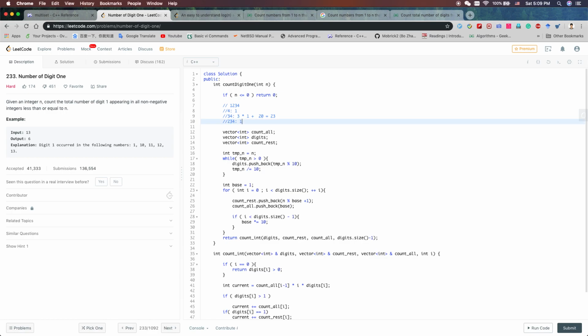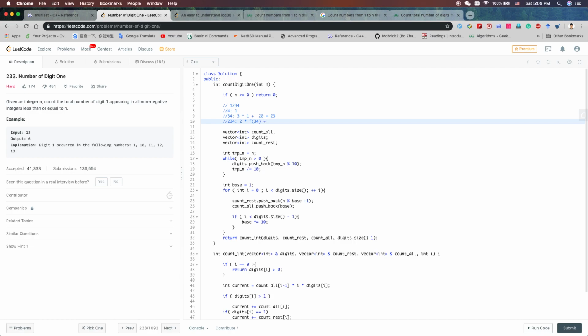Then we multiply by the digit in the third base, which is 2. I use a function f to represent how many numbers contain digit 1 from 34.